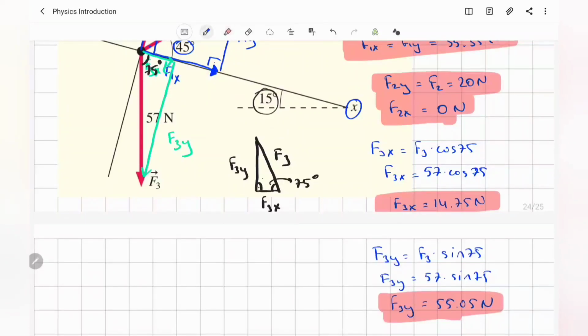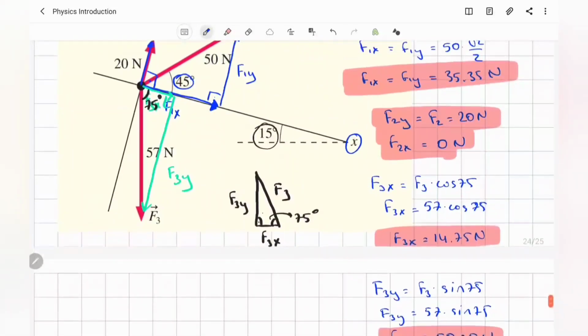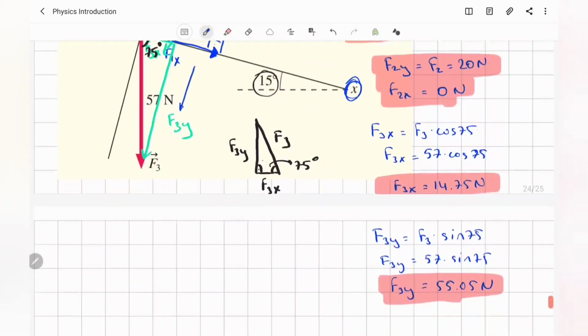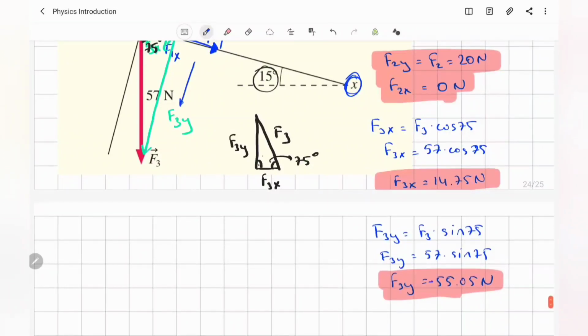Now we need to pay attention to the signs. The x component is in the same direction as the positive x direction, so it will be a positive number. And the y direction, pay attention, is going downward, to the south, so we should not forget the negative sign in front of the 55.05 because of direction.